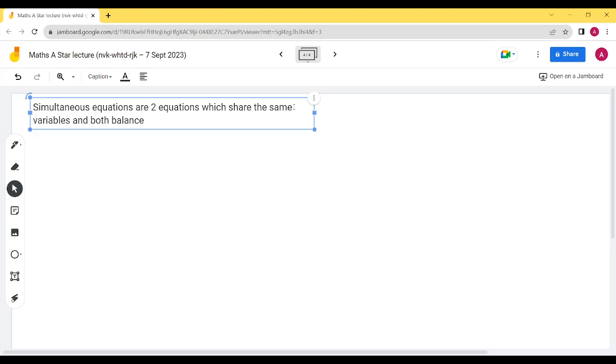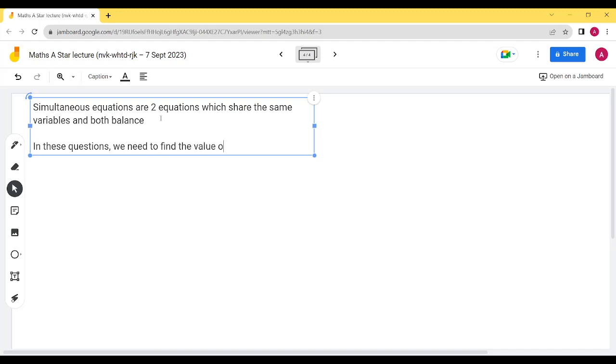So like the same value, for example, for x and y. Normally it is written as x and y for a simultaneous equation. And in these questions, we need to find the value of x and y.